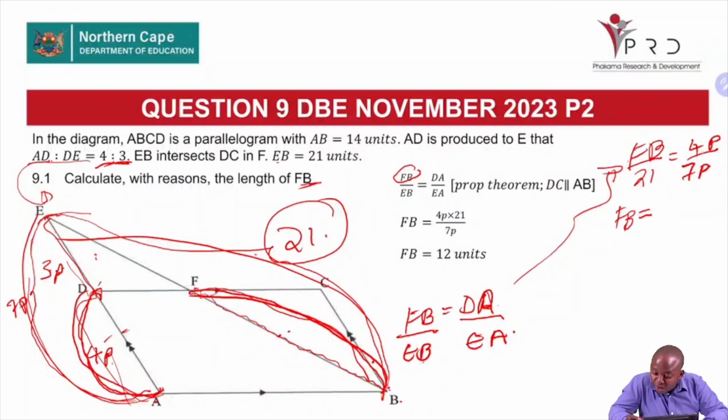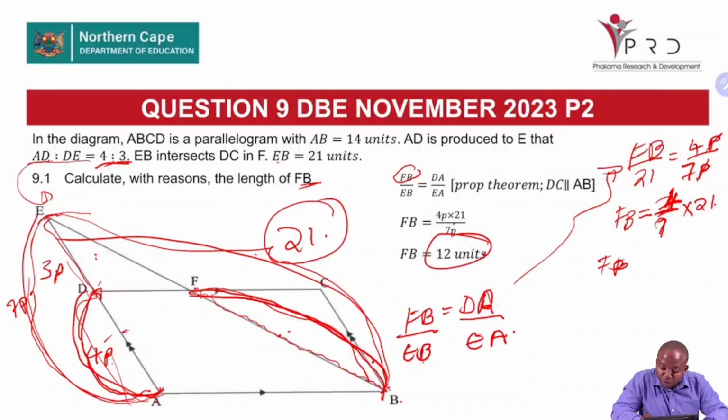Remember, 4P and 7P, P and P will cancel out. We'll have 4 over 7 multiplied by 21. When we multiply by 21 both sides, FB becomes 12 units. So P and P will cancel in that case.